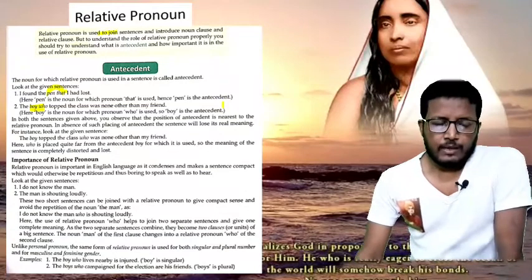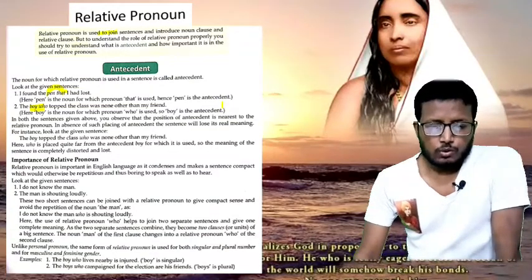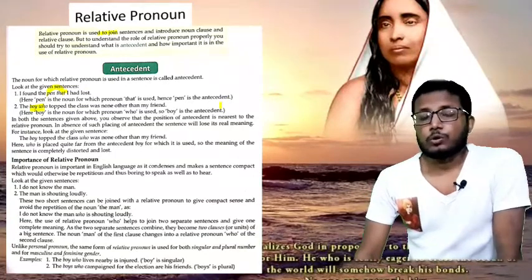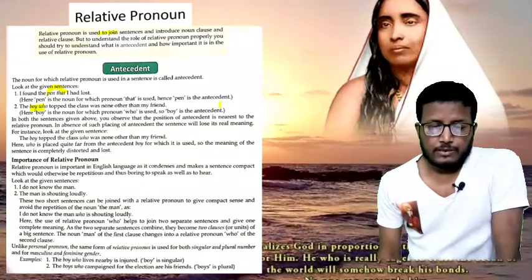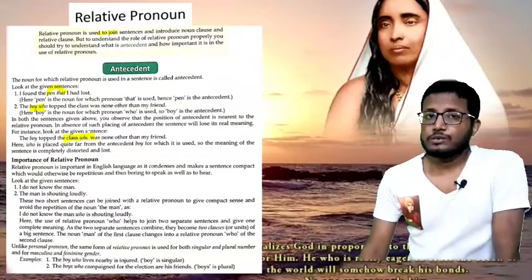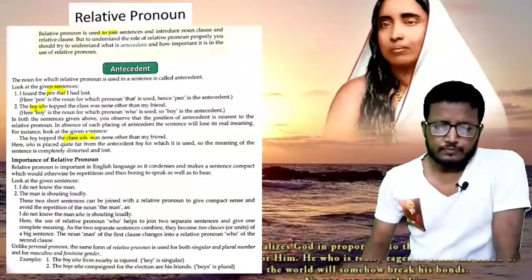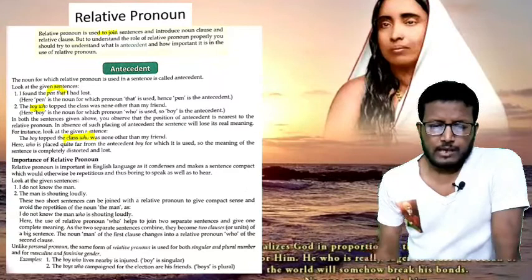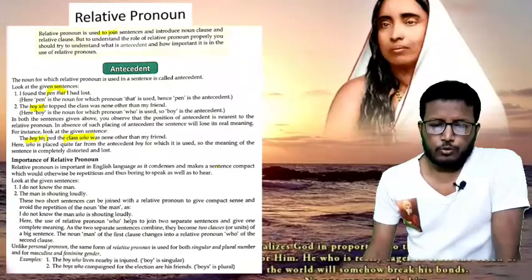For example, the boy topped the class who, none other than my friend. You can see the word who is placed just after class, and class is a non-living thing, but the word who we use for living things. Here who is placed quite far from the antecedent, boy, and there is a distance between them, isn't it?